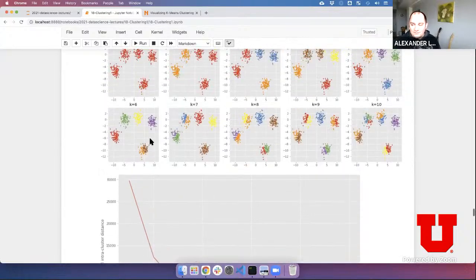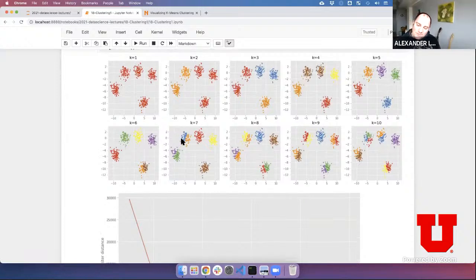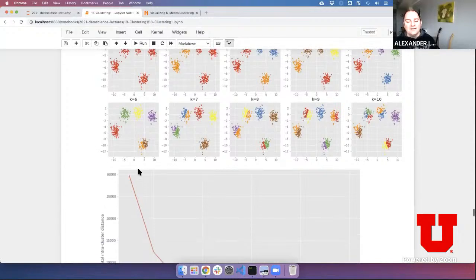And that's because now we can see that it doesn't matter all that much if, for k=6 here, I have those two centroids somewhere here and somewhere here. It's not going to change the total intra-cluster distance as rapidly as compared to when I still have more clusters to discover.